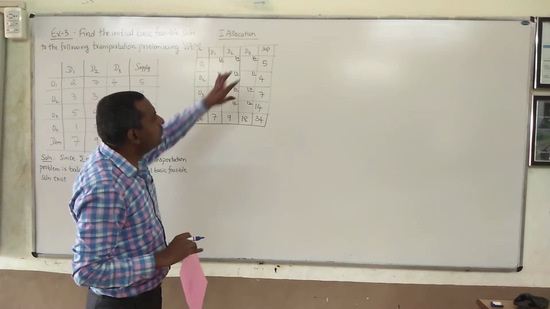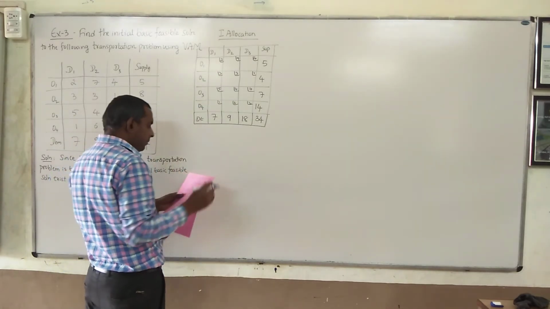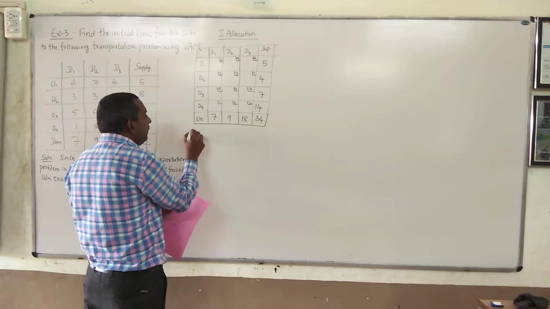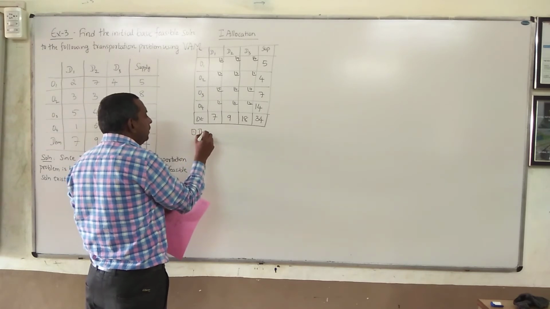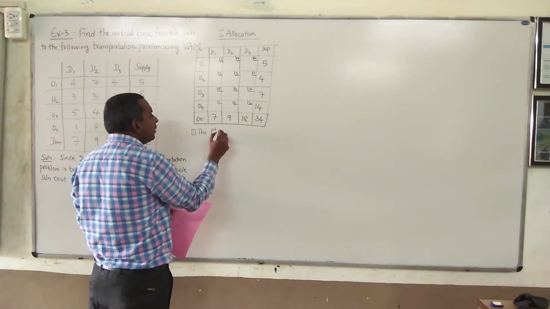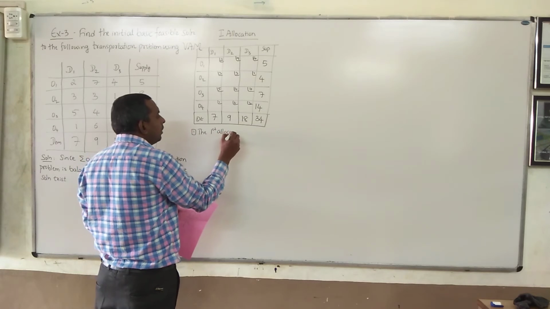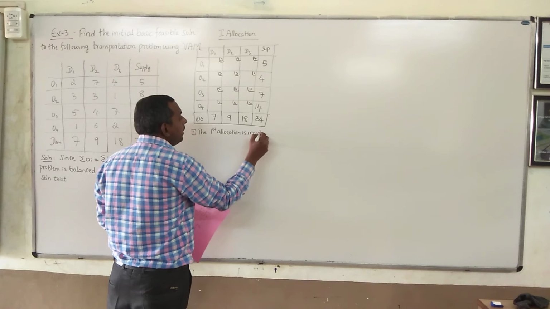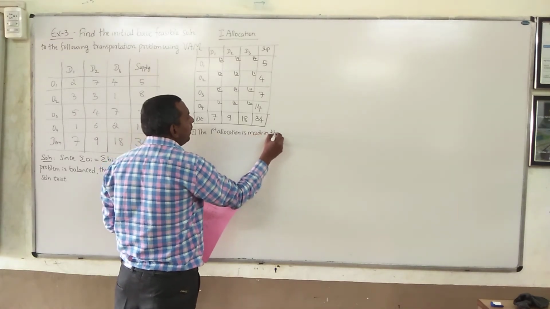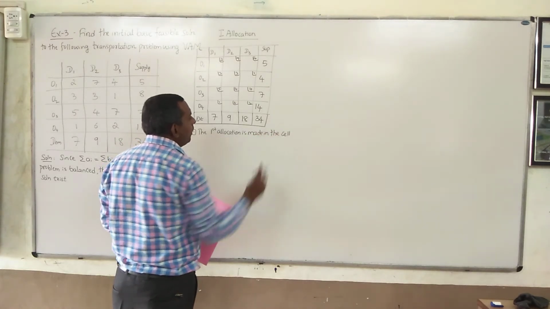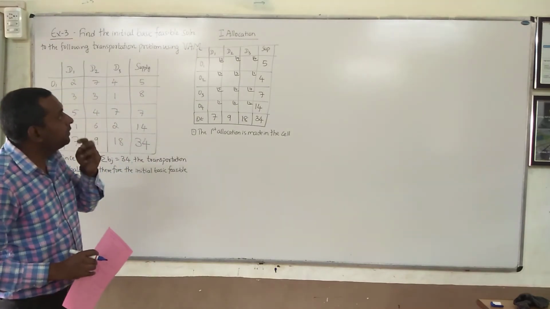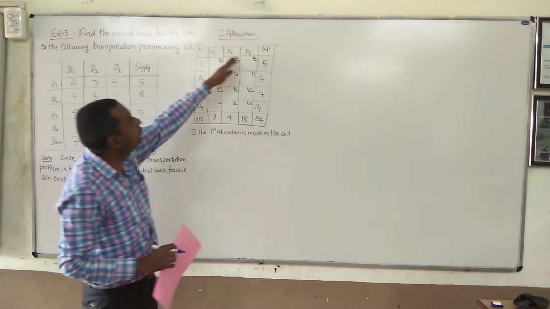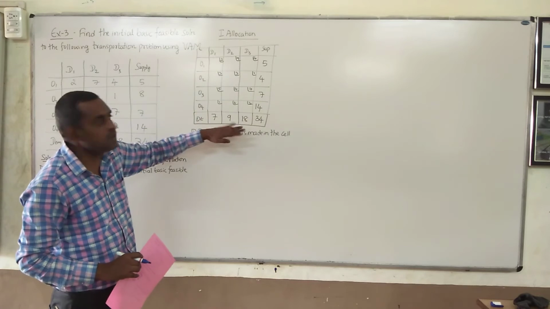Which is the minimum? Let me write. The first allocation is made in the cell which has the smallest cost.